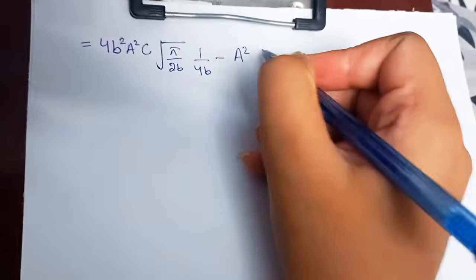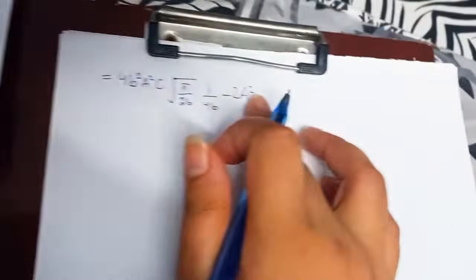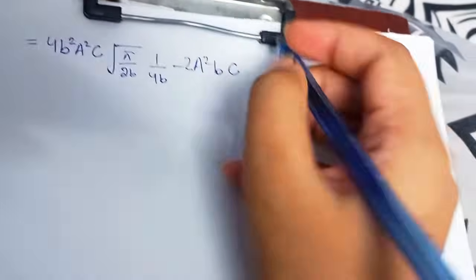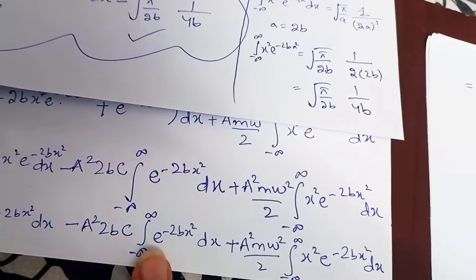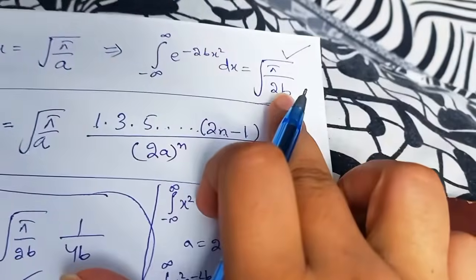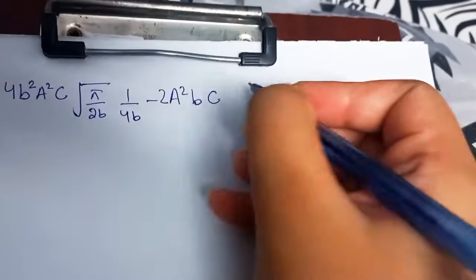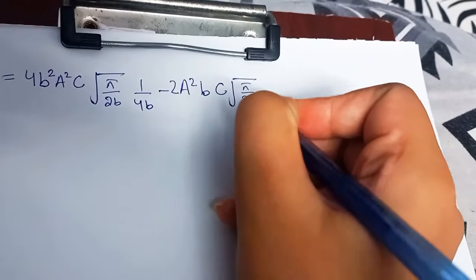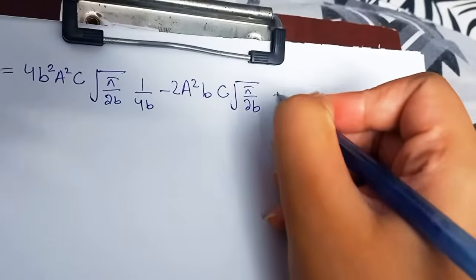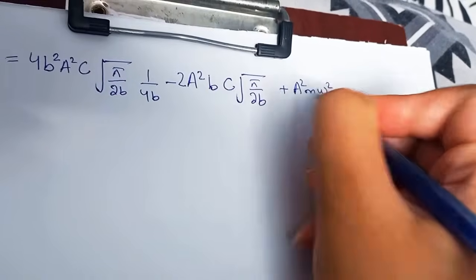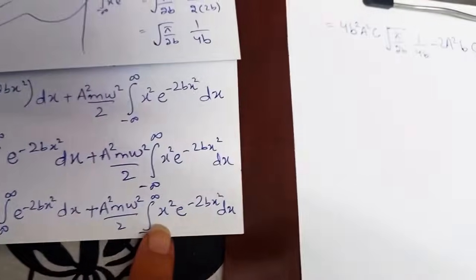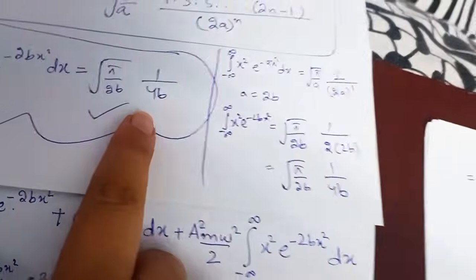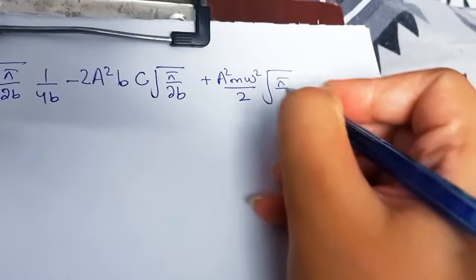Now next is minus, I'm writing this 2 at first place, 2a square bc. Then we have this integral, its value is pi by 2b with whole under root. Then we have plus a squared m omega square by 2, and then this integral, and its value is this. I'm putting it right here. It's pi by 2b, 1 over 4b.